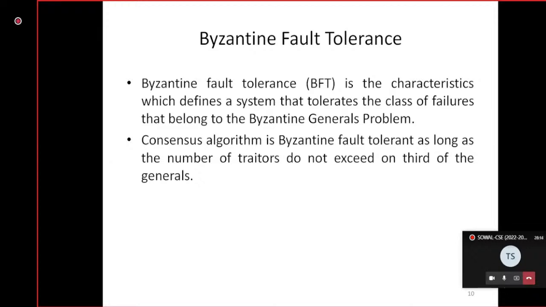And if the loyal nodes are in the majority, then all nodes will perform according to the majority. So the system is fault tolerant as long as the loyal nodes are in the majority, and there may be some nodes that are traitors, and we can ignore them.